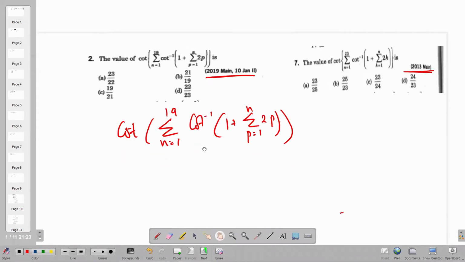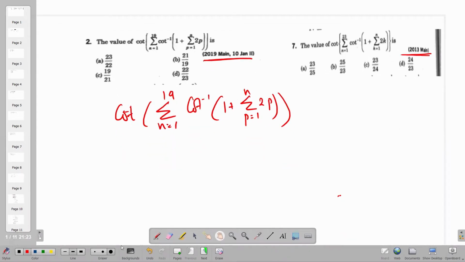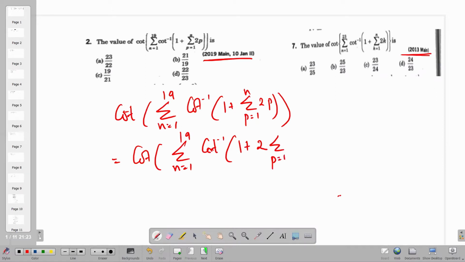Now in this case, I'm just rewriting this. I can write this as cot of sigma n from 1 to 19, cot inverse of 1 plus, if I take 2 common from here, and using this formula that sigma p from 1 to n of p is the sum of the first n natural numbers, and that is n into n plus 1 upon 2.